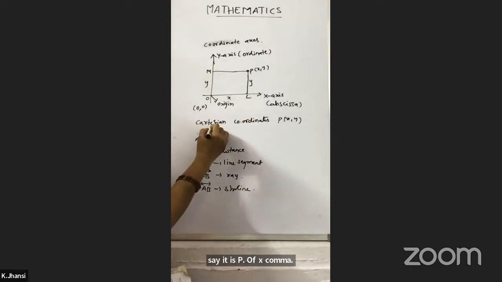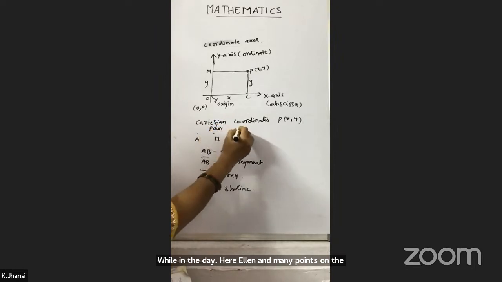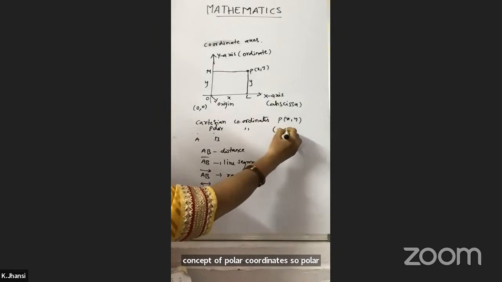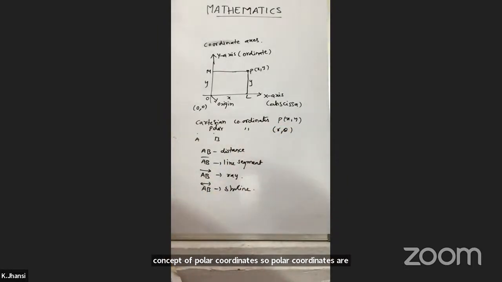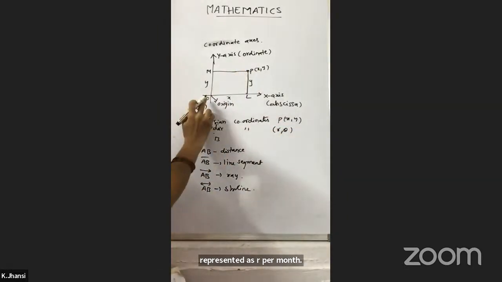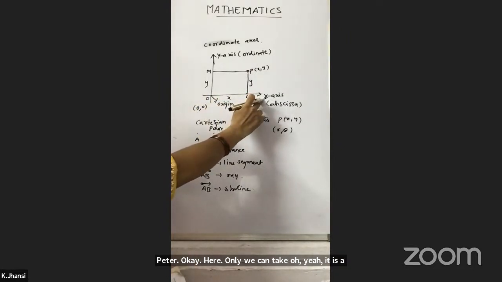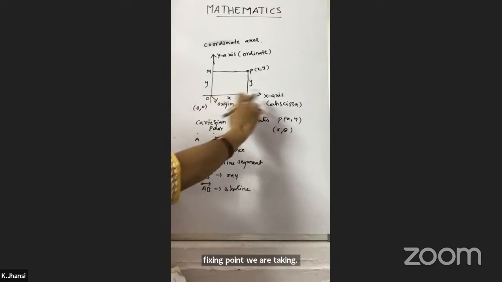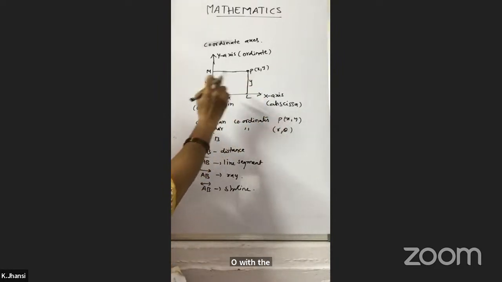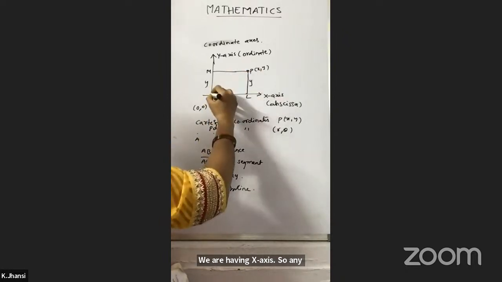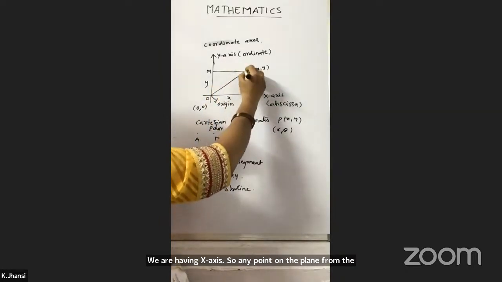Next, we have the concept of polar coordinates. Polar coordinates are represented as r comma theta. Here we take a fixed point O, and with the x-axis, one fixed line. So for any point on the plane, from the origin you draw a line like this.